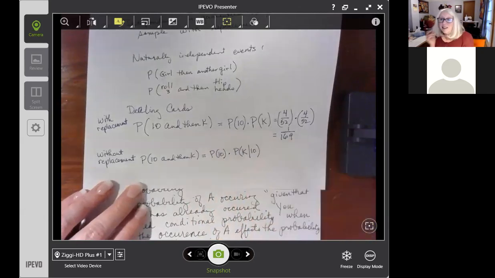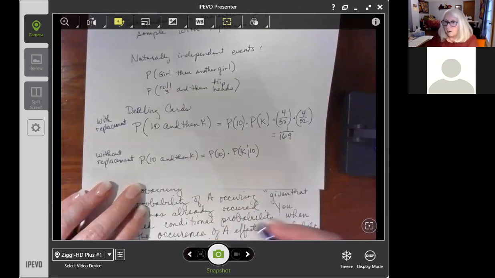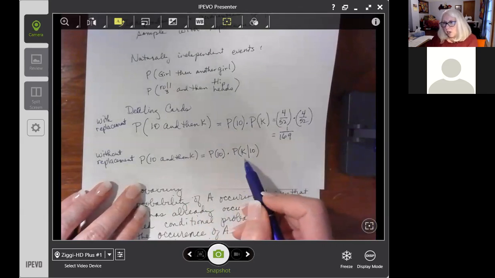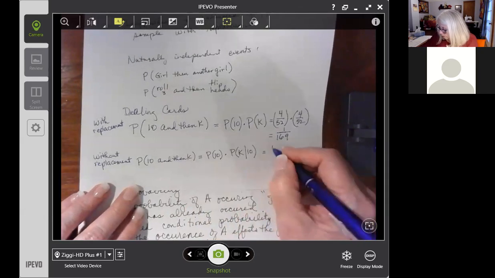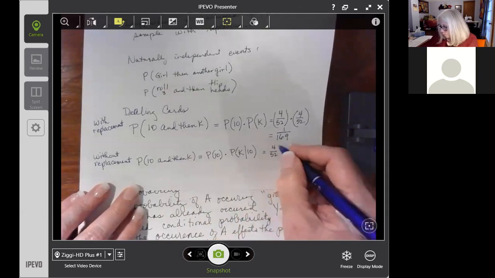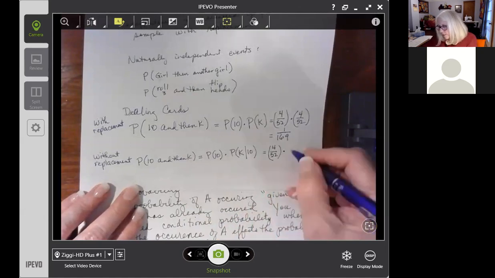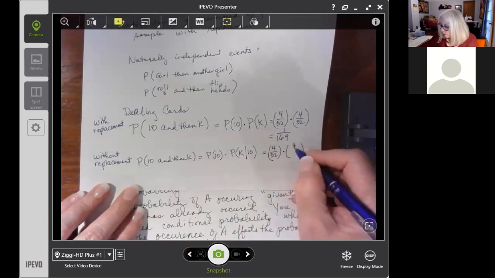Now, that is not the same as the thing above, because this second part is the conditional probability that's based upon the change in the deck created by dealing that first 10. Okay, so dealing out the 10 with the first card, of course, is still 4 out of 52 times, but dealing out the king is different because, yeah, there are 4 kings, so that goes in the numerator, but now there are only 51 cards.